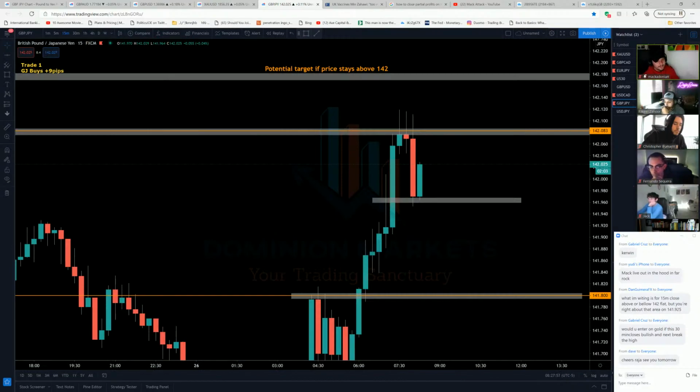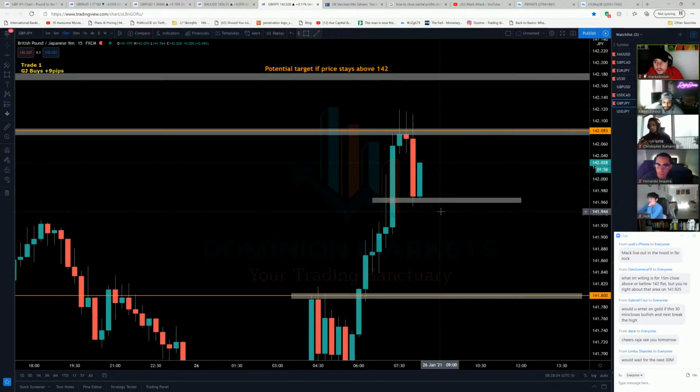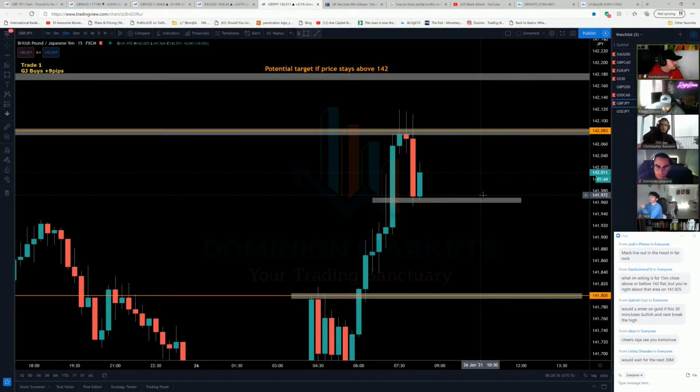Yeah. The problem is the big rejection that we got from 140 to 100, basically. Other than that, the structure on the 5 minutes is not enough confirmation. It's weak confirmation, but the structure on the 5 minutes kind of makes sense that we're going to retest that high.